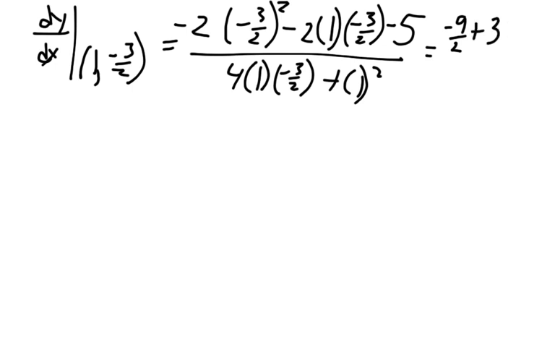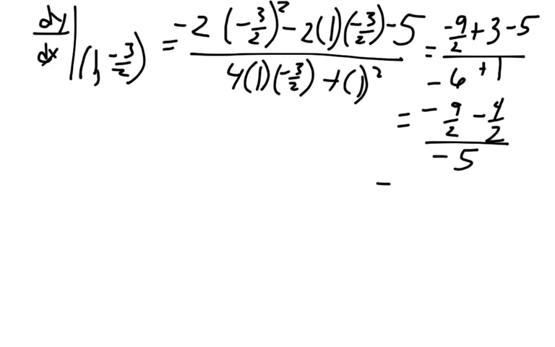plus 3 minus 5 over negative 6 plus 1, which is negative 9/2 minus 4/2 over negative 5, which would be negative 13/2 times negative 1/5, multiplying by the reciprocal with my complex fraction gives me 13/10.